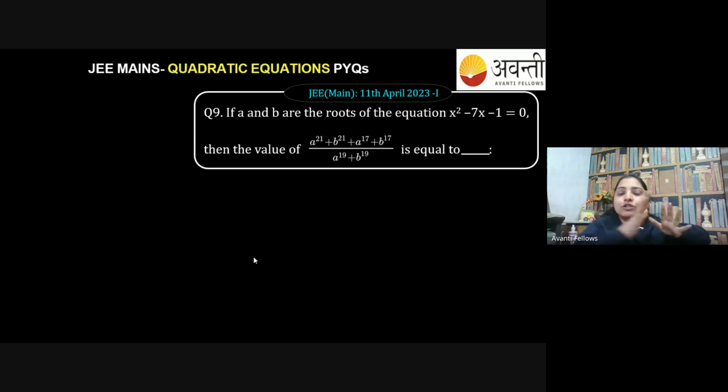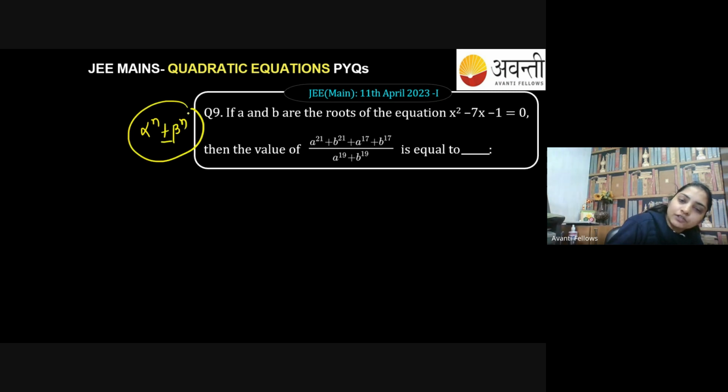By seeing this question, there will be a query in your mind that, ma'am, it just looks like Newton's formula, right? But the thing is that they didn't mention any relation for alpha raised to power and beta raised to power. It was not mentioned.